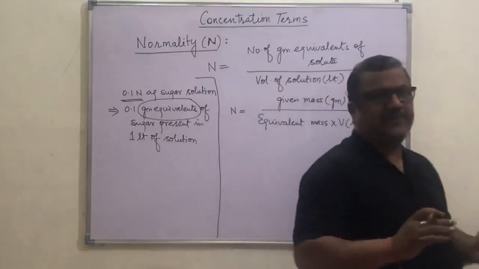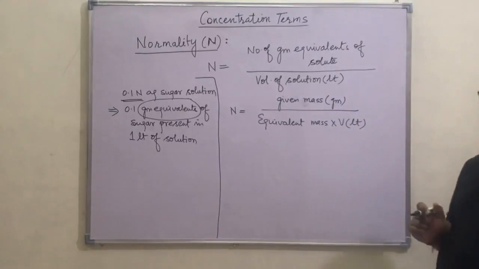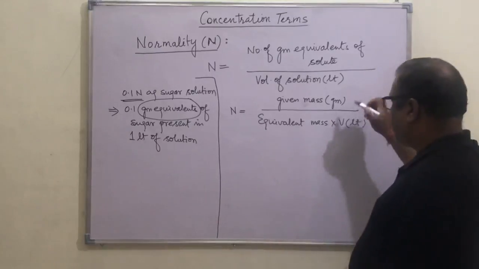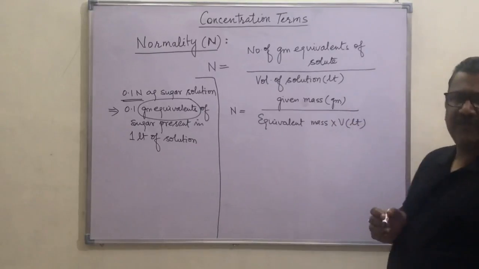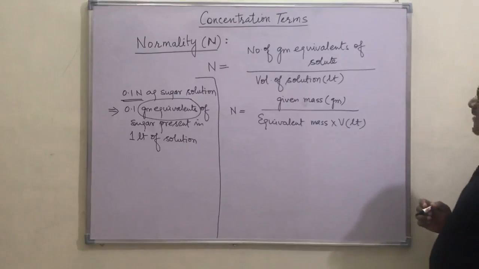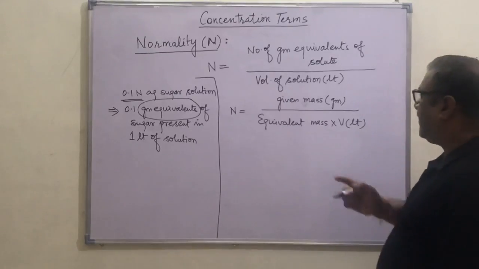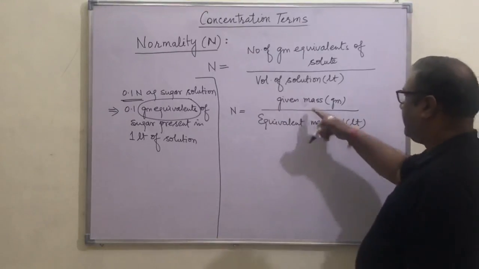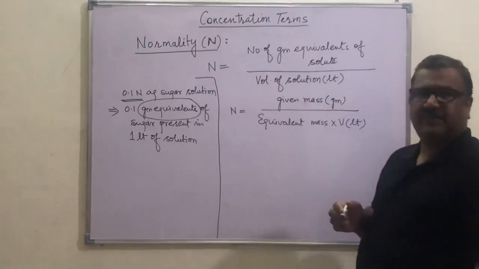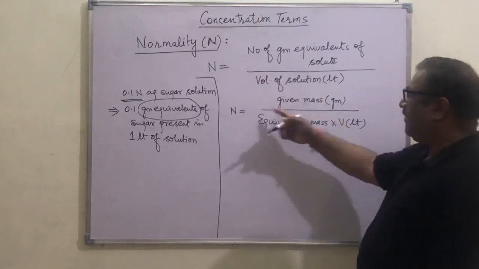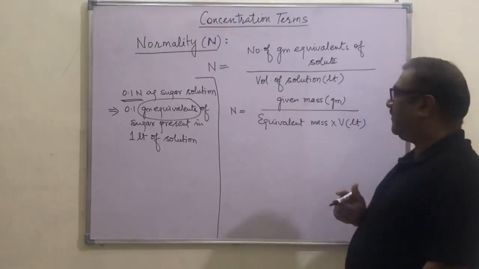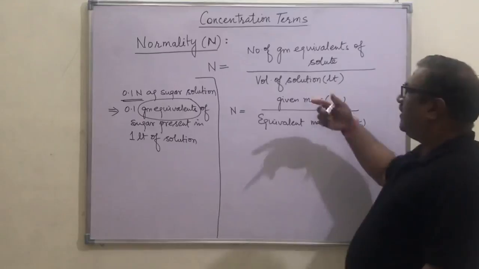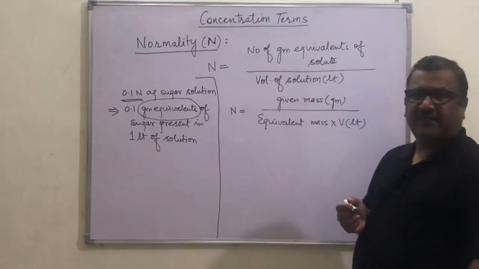So there is a difference between molecular mass and equivalent mass. These are two different terms, and it is a very wide discussion to calculate the equivalent mass of a substance. We are going to take up this topic, how to calculate the equivalent mass of any given substance, because without knowing this, we cannot know the value of normality of any solution.